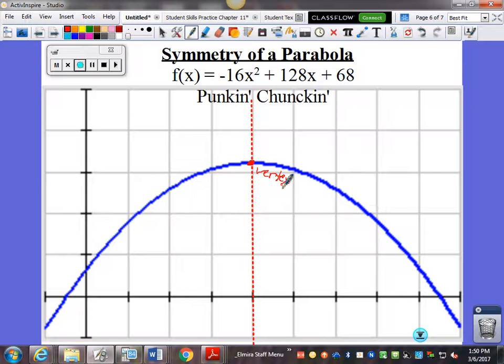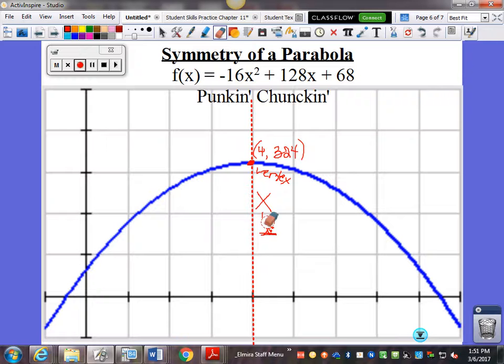The vertex of the pumpkin chunkin one was 4 and I think 324. That was our vertex. The axis of symmetry is this vertical line, x equals 4.